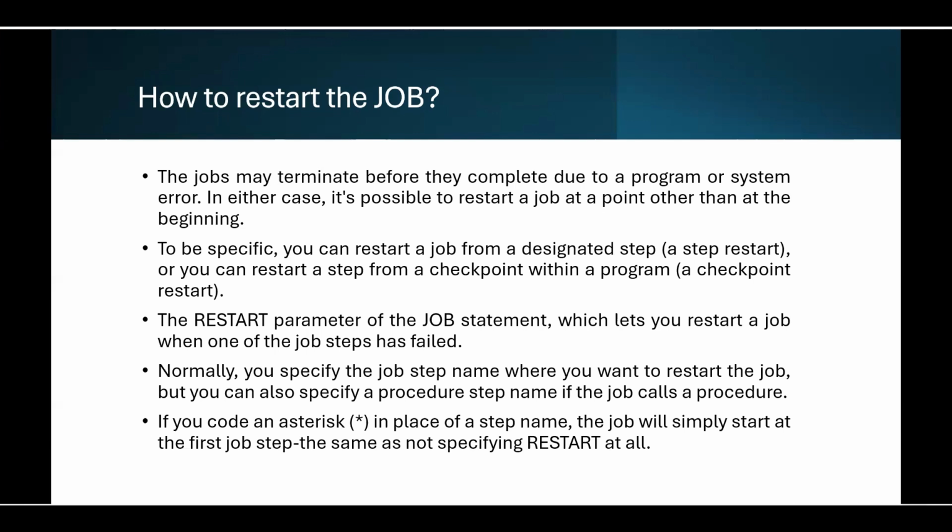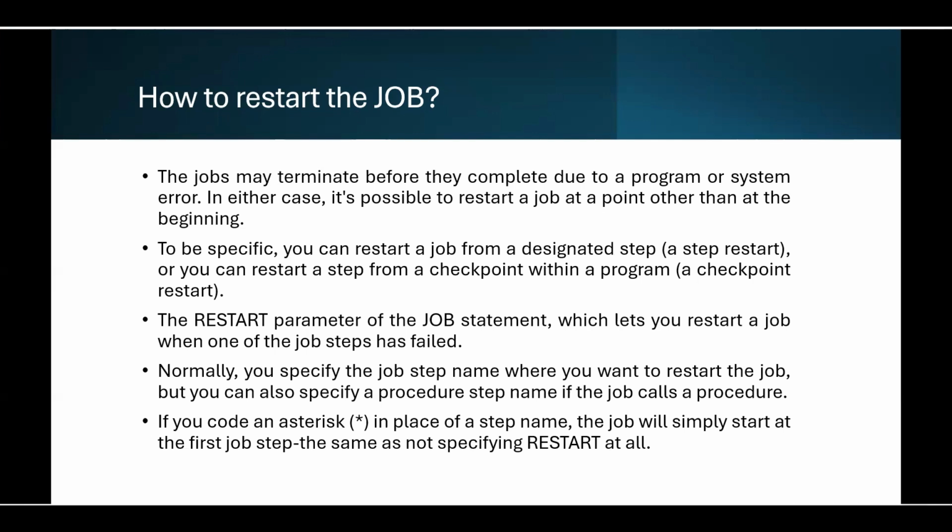When you are working on your project, you basically follow the standard process when you need to create the restart libraries for all the job steps that you have created. Normally you specify the job step name where you want to restart the job, but you can also specify a procedure step name if the job calls a procedure. It totally depends on your operation whenever you are using any procedure, so we need to provide that procedure step name.